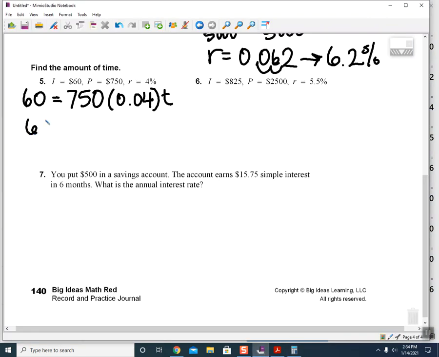So I have 60 equals 30 times t. Divide both sides by 30. I get that t equals 2 years. Okay, so go ahead and finish the other ones on your own. That's simple interest, and we are done with that.